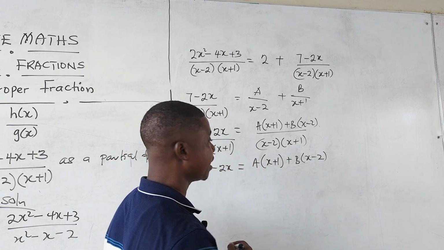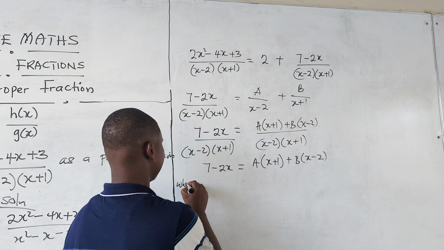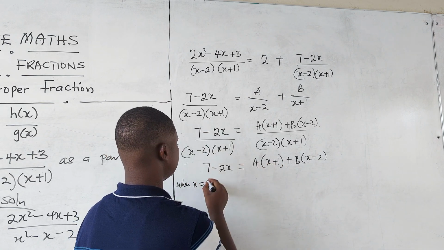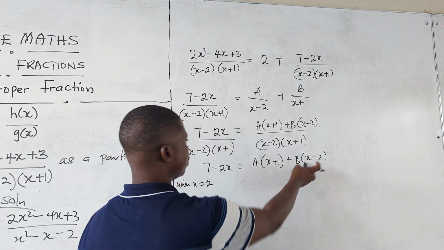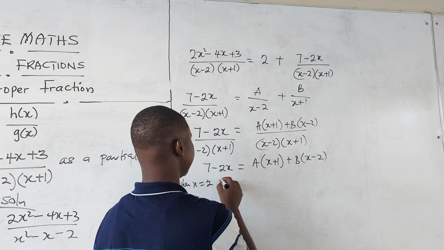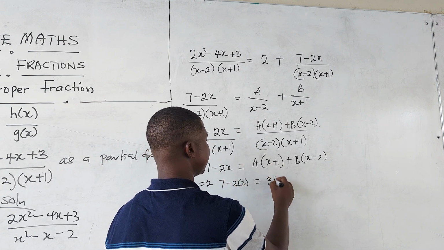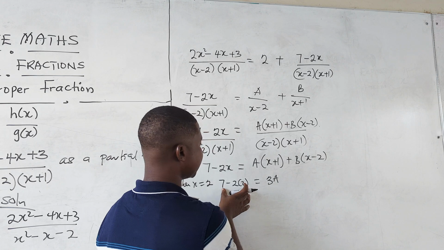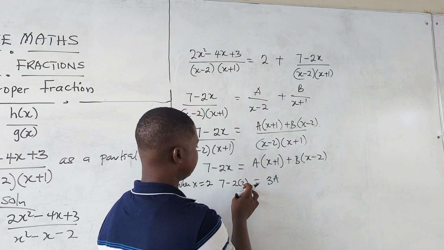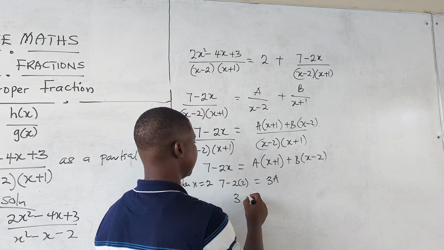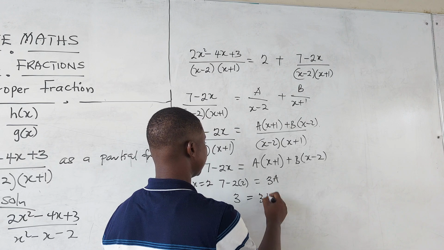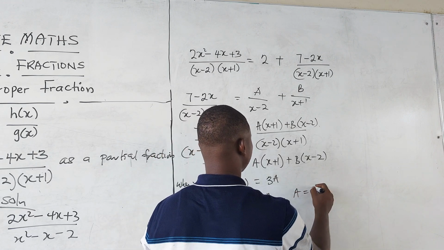So let's use the cover-up method. When x is equal to 2, this one will be 0. So 7 minus 2 times 2 is equal to 3A. So 7 minus 4, that's 3, is equal to 3A, so our A is 1.